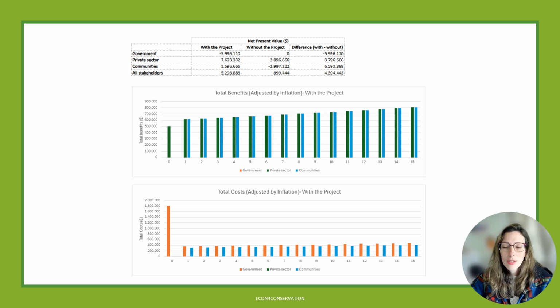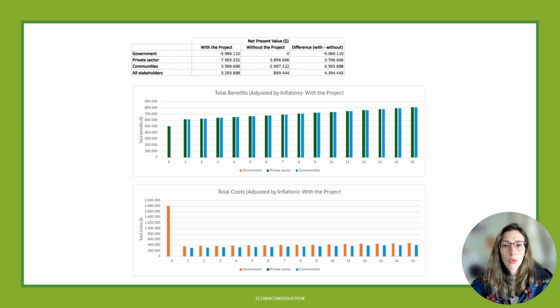So this gain is associated with the gains from agriculture and logging. The communities in this scenario are the ones that bear the cost, which in this exercise represents the environmental and social costs associated with the without the project scenario.